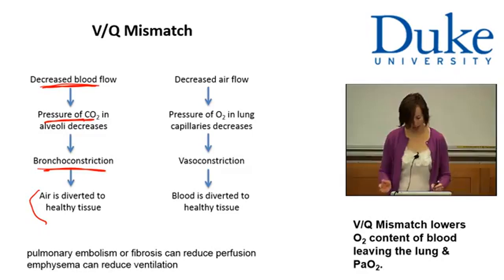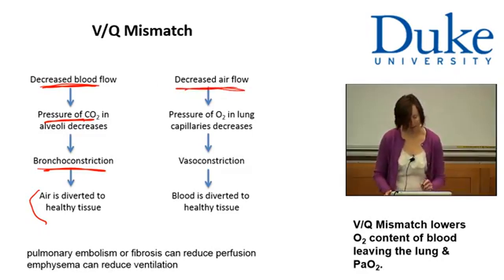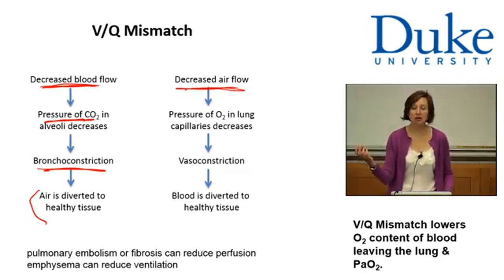Similar thing happens if we have decreased airflow. So let's say you inhale something that blocks one of your bronchioles so that a small portion of the lung cannot get any fresh air. That will result in the pressure of oxygen in the capillaries that feed that part of the lung to decrease.